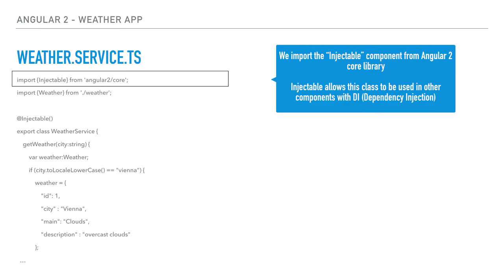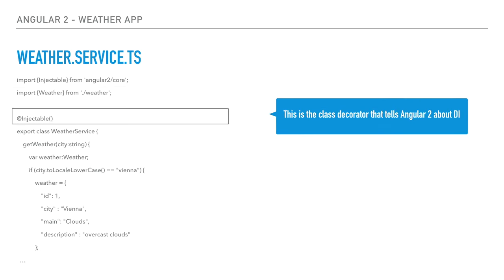If you remember from the services video, we have to import Injectable from Angular 2 core library. This means basically that we can inject more services to this service. So this is important. We can use dependency injection.